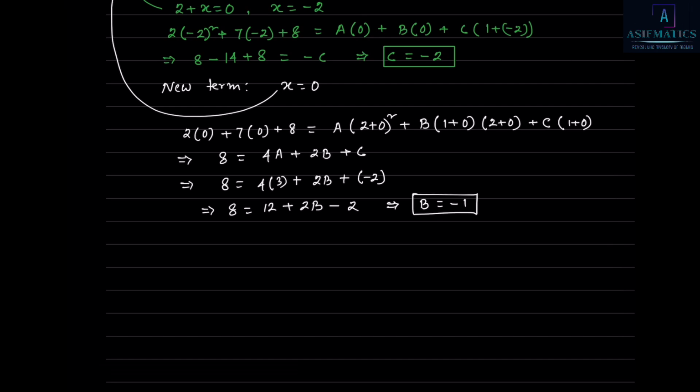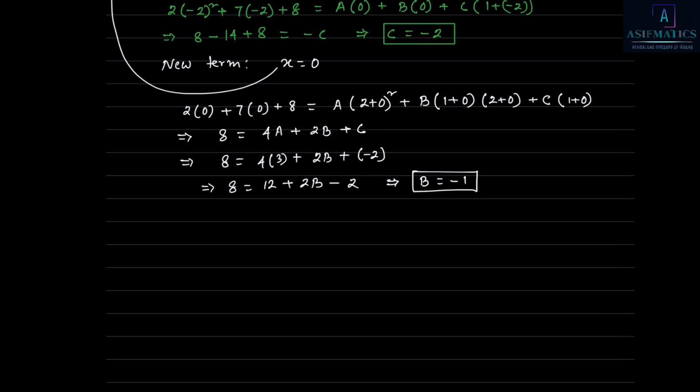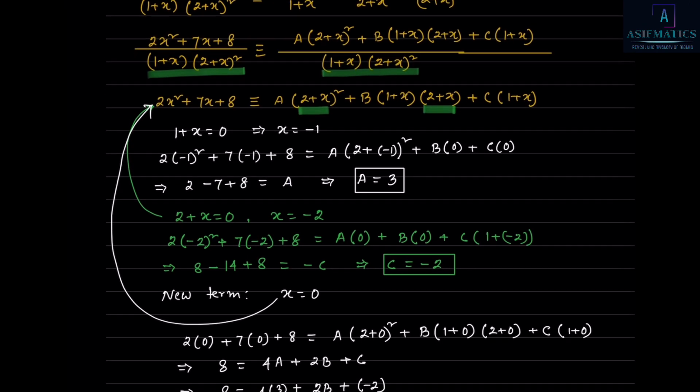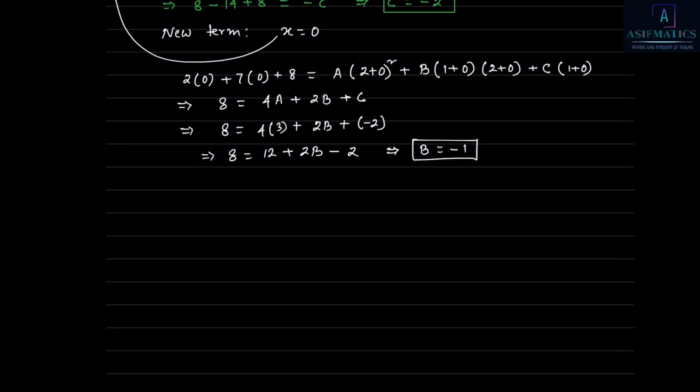So finally we can get our partial fraction value, which is (2x square plus 7x plus 8) divided by (1 plus x) and (2 plus x) square is identical to a is 3, so it will be 3 by 1 plus x.